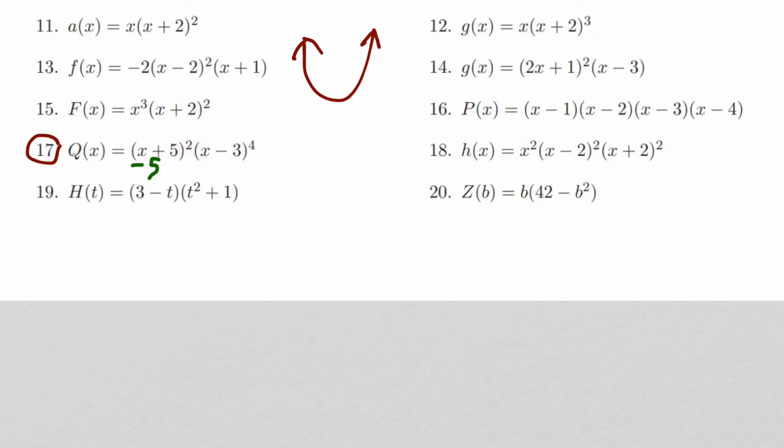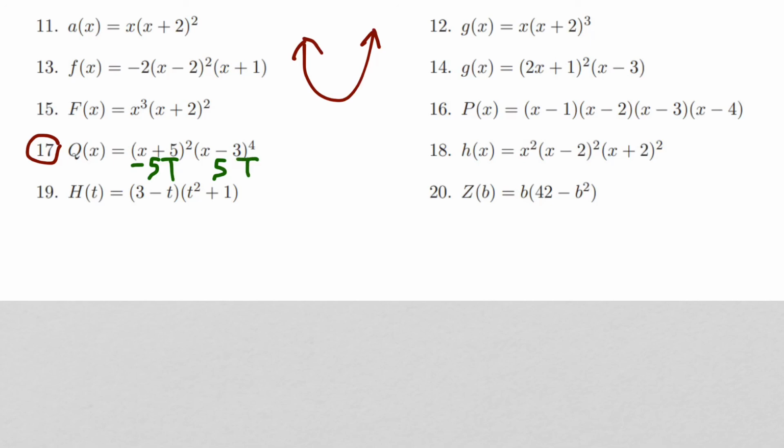So if I have a 0 of -5 with a multiplicity of 2, that means I'm going to touch at -5. And then the next factor says I've got a 0 of 3 with a multiplicity of 4, so that's an even multiplicity, so I'm going to touch there as well.